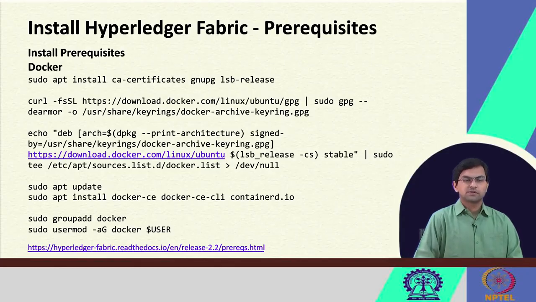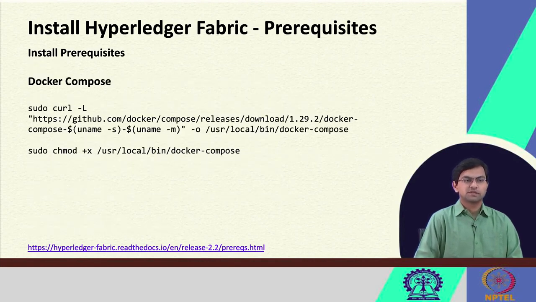After you have installed docker, the next step would be to install docker compose. This is the final prerequisite for installing Hyperledger Fabric. Docker compose is also a tool which helps you to manage docker containers, and Fabric uses this tool to manage the different components in a Fabric network.